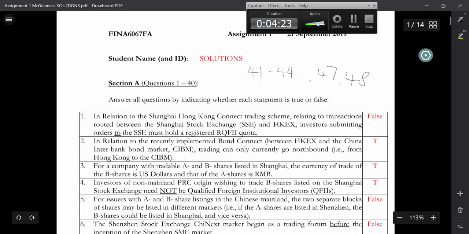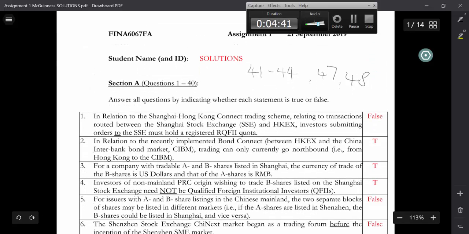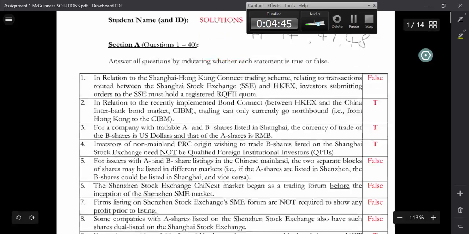You can ask me questions on anything else that you are not clear about. Otherwise, I will go through these, and if we have time, I'll come back to the true/false answers. Do you have any questions at the moment? Is everyone happy with the first section?